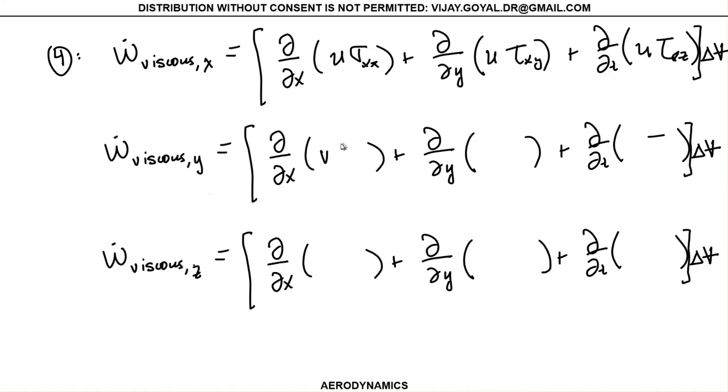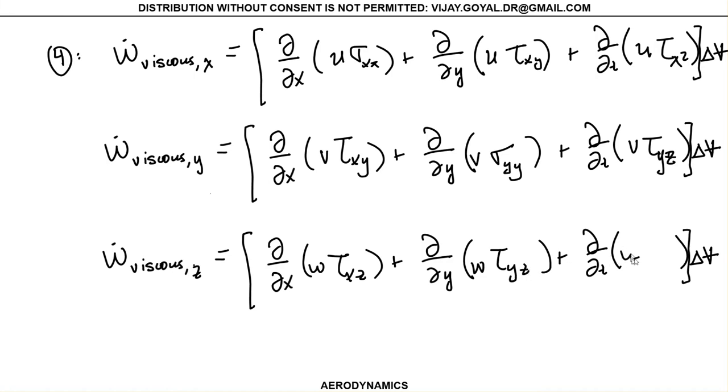So this will be v tau xy, v sigma yy, v tau yz. And this is w tau xz, this is w tau yz, this is w sigma zz.